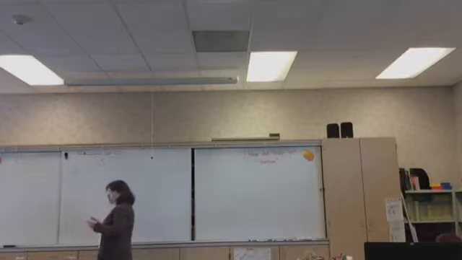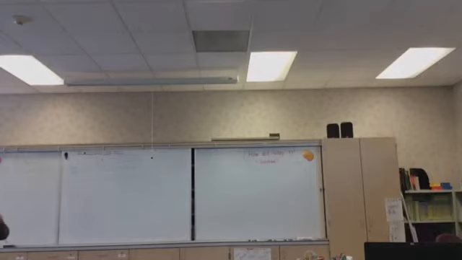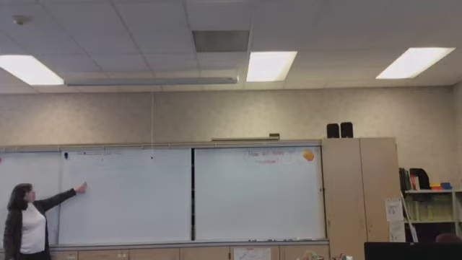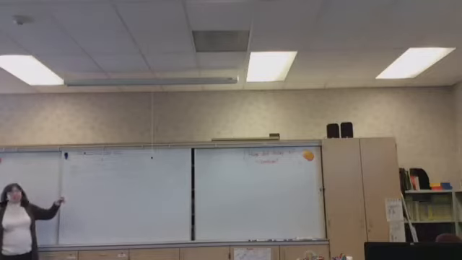Okay, and so for every x value, there is only one y value. So if I have a machine and I put the number 2 in, and the number 3 comes out, like right here, the next time I put the number 2 in, the number 3 has to come out again. Okay, it can't be a different number.